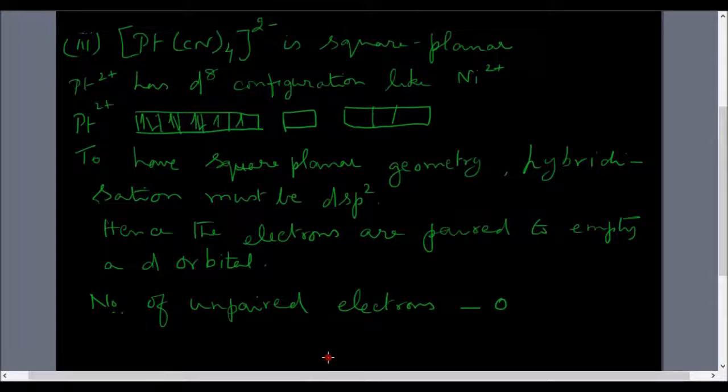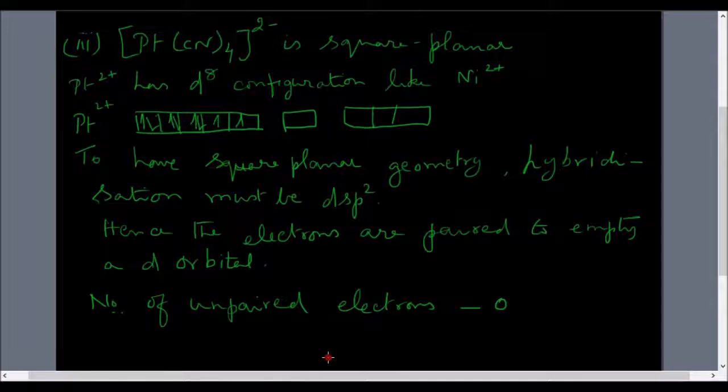We can write the configuration as we normally write for Ni2+ with 8 electrons in the d orbital and no electrons in the s orbital and p orbital. Of course, it will be 5d, 6s and 6p. And to have the square planar geometry, obviously the hybridization should be dsp2. And so we have to vacate one of the d orbitals, and we do that by pairing up the electrons. So when all the electrons are paired, there are no unpaired electrons. So the number of unpaired electrons is 0.